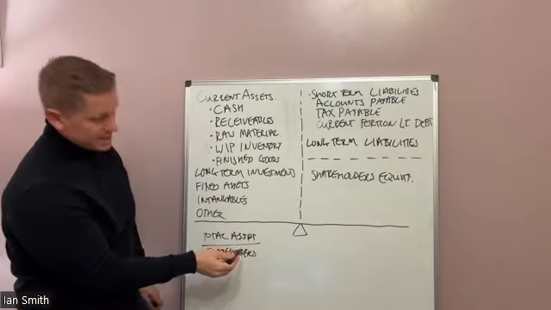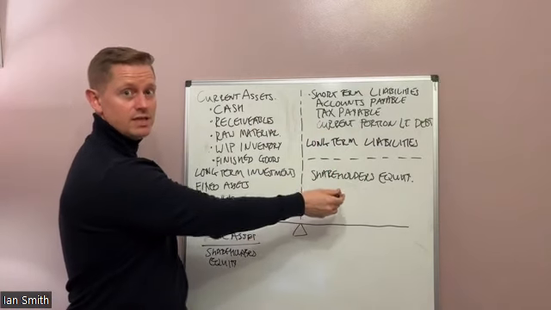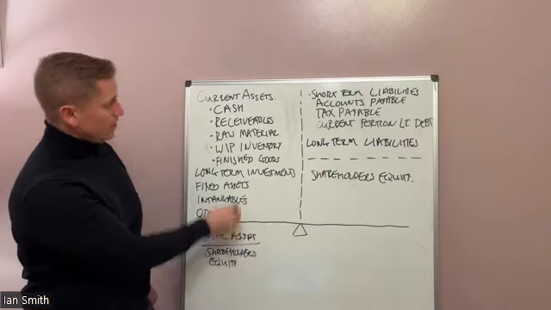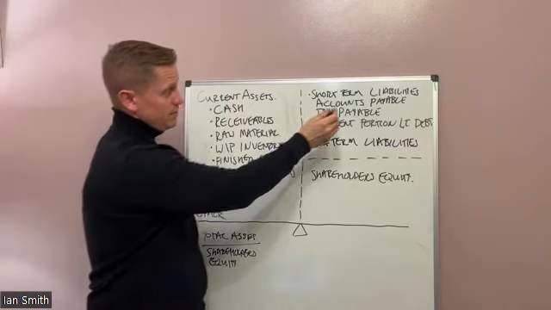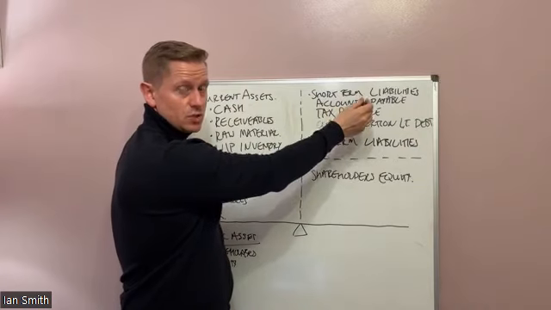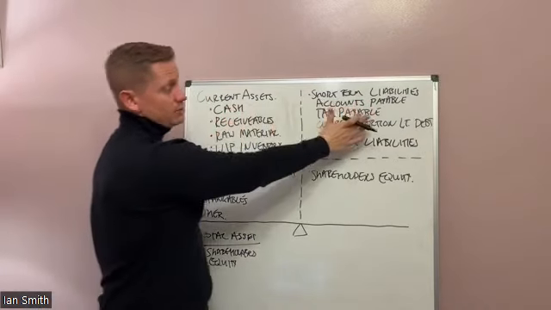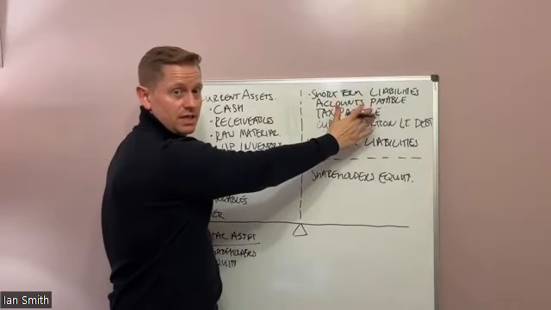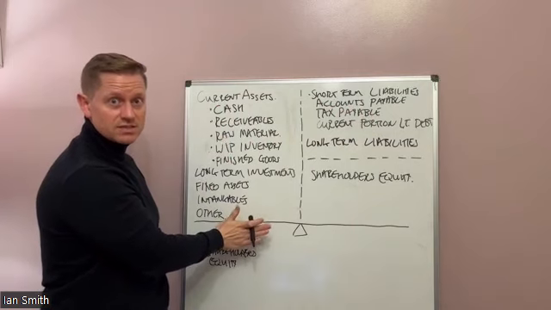If we make this calculation, what this means is that this amount of equity is financing this amount of assets. Same thing if we divide total liabilities by total assets: this amount of debt in the business is financing this amount of assets within the business.